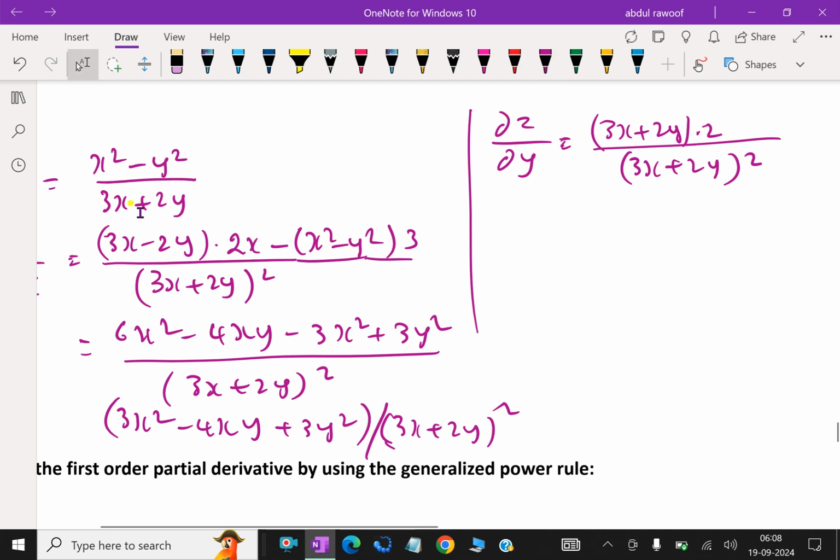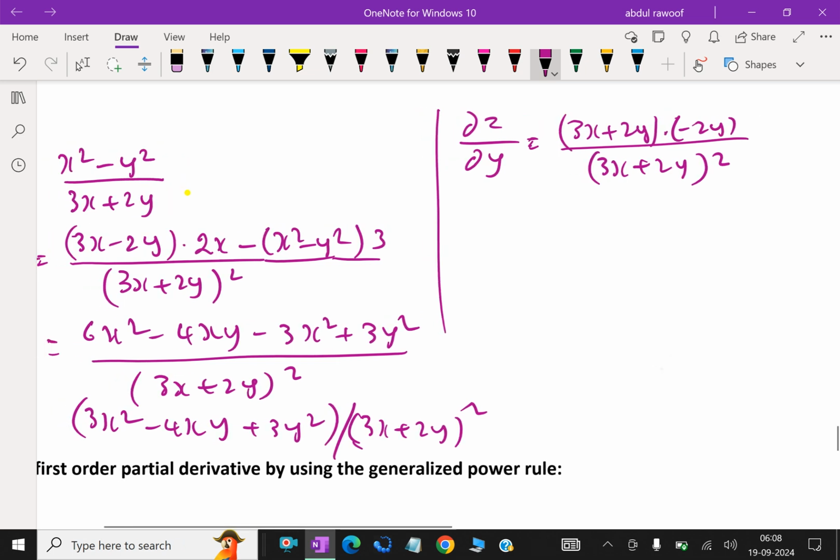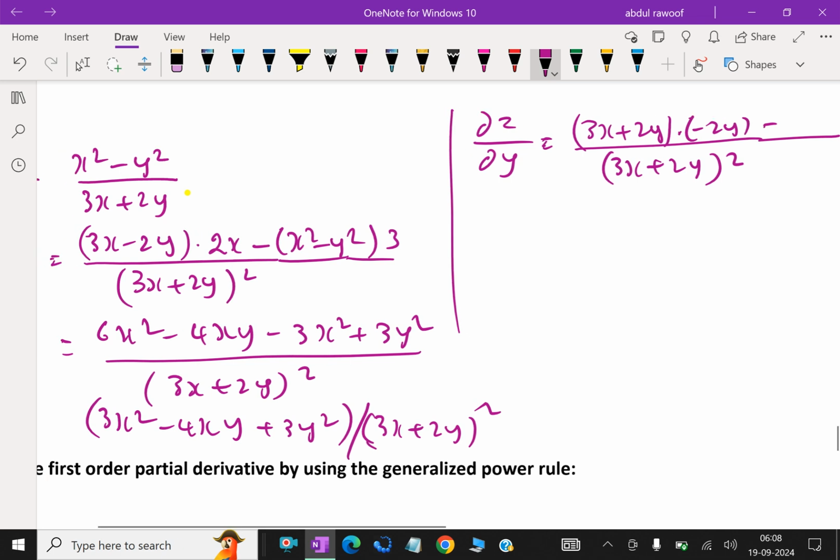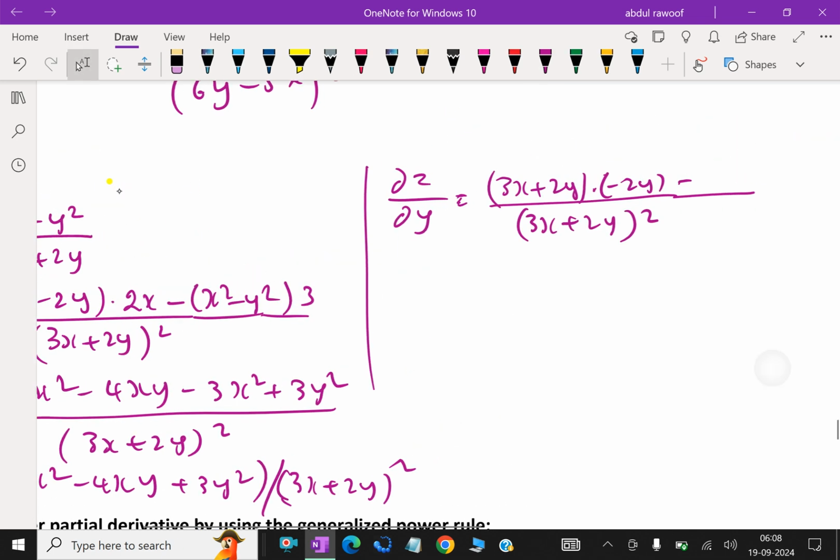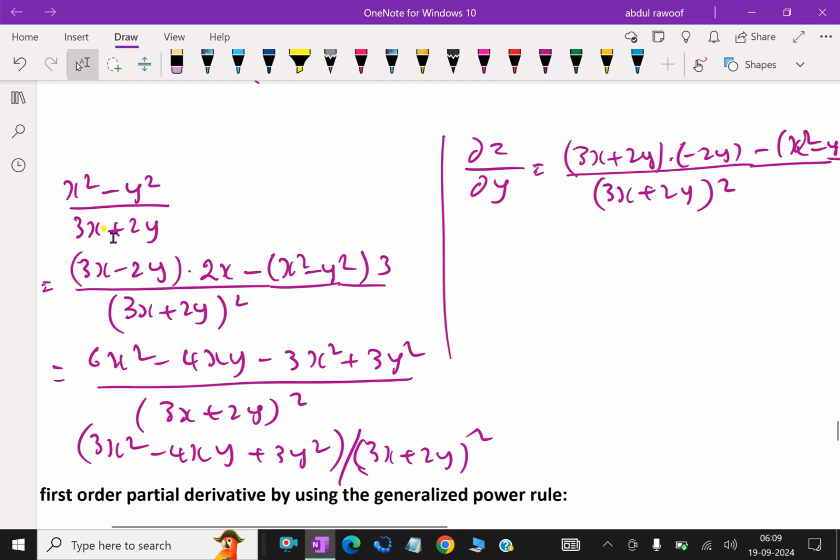Then denominator 3x plus 2y whole square into that function, and derivative of 3x plus 2y with respect to y is 2, minus x square minus y square and derivative of 3x plus 2y with respect to y into 2.